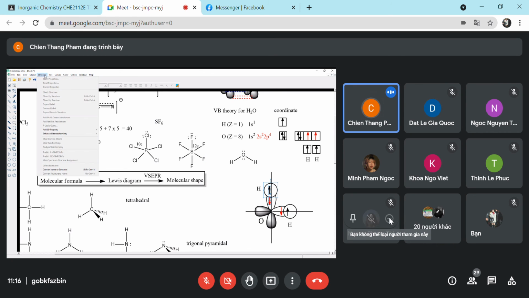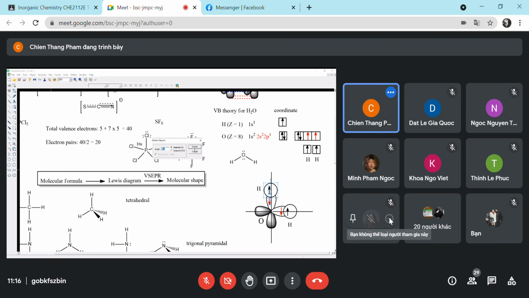Rotate this one a little bit. Okay, good. Now it should be an overlap. Sorry, I drew a little mistake here. This should be the overlap between the two orbitals. So easy. Okay, so the bond is like this.